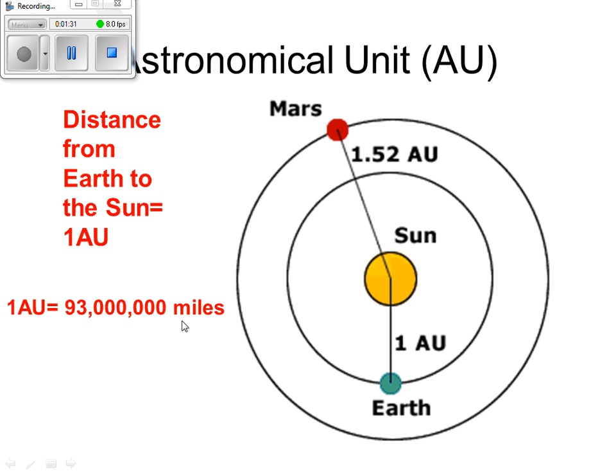Now I know you're familiar with the term miles, but because distances are so incredibly long, even in our solar system, we say the distance from the sun to Earth is 1 AU. Here's Mars. Mars is a little bit farther from the sun, and so the distance from the sun to Mars is 1.52 AUs.